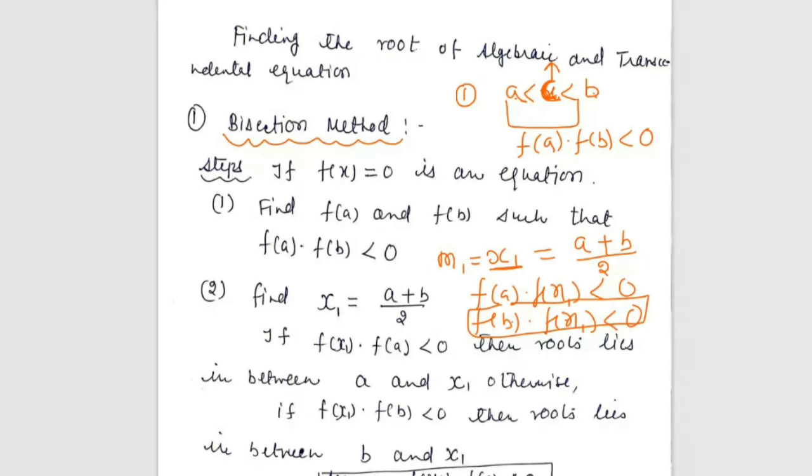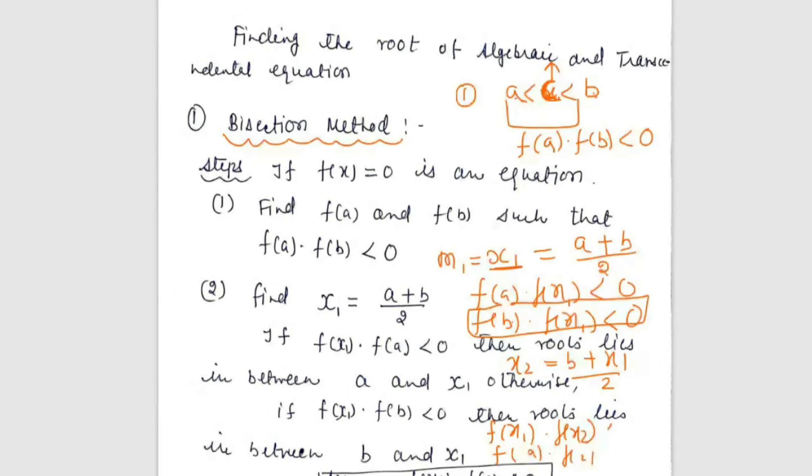Again, you will find x2 by taking half of (b plus x1), by 2. Suppose this is x2. Again, check whether the root is lying between x1 and x2, where x1 means the previous value, or whether it is in between a and x2, with the product less than 0.